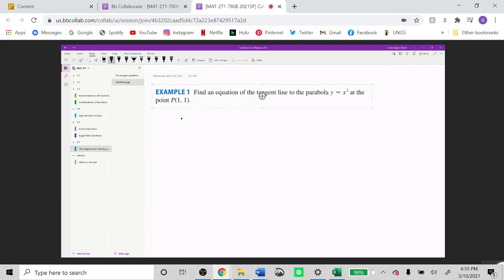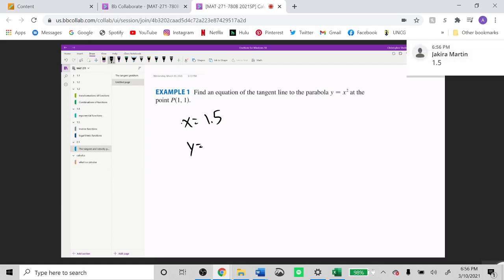So for instance, if we chose the x value 1.5, because the x value of 1.5 is pretty close to 1, what's my y value going to be? Well, this point has to be on the parabola. I need to choose another point on the parabola that's nearby.